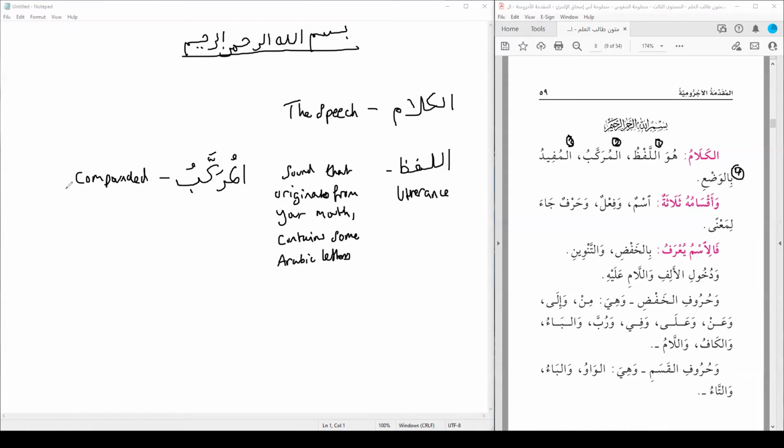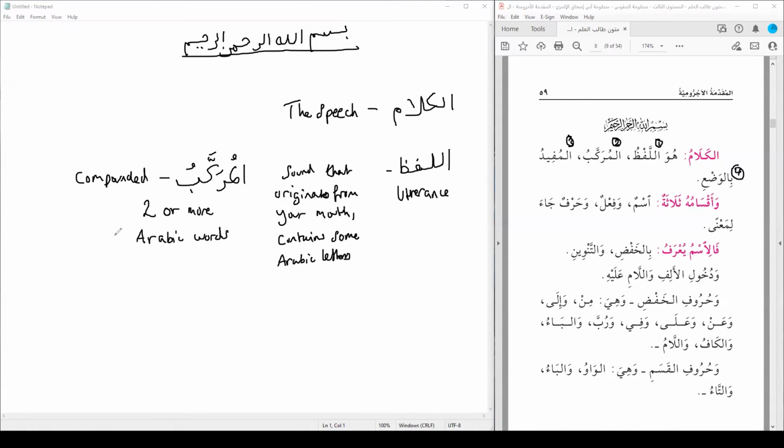A compound is something which is made up of two or more other things. So what al-murakkab means is that the Arabic speech must contain two or more Arabic words.